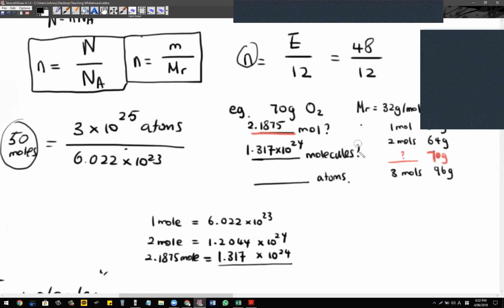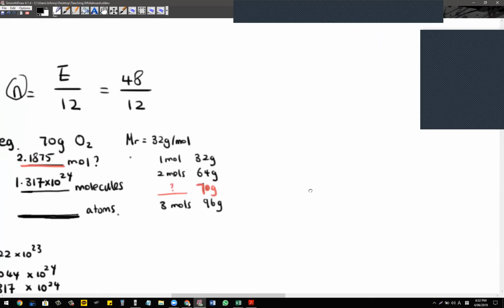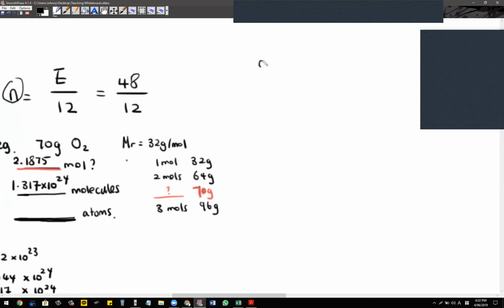Now, in each molecule, there are 2 atoms. So if you have that many molecules, how many atoms are there? I'll give you some clue here, okay? If you already know the answer, you can answer the question.